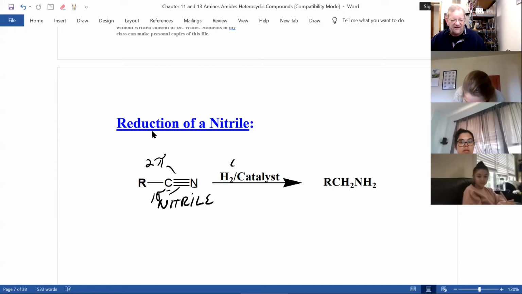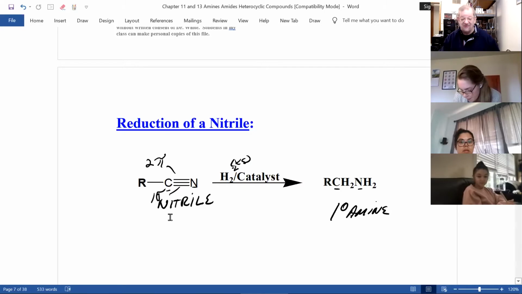And I should have had excess hydrogen here. Organic chemists don't, but for this class I do. And what you do is you break the pi bond, and each atom of the bond gets 2 hydrogens. If you notice, this is a primary amine. And this is an excellent way. I'll explain why Dr. White's real happy now, but let's take a look at an example.